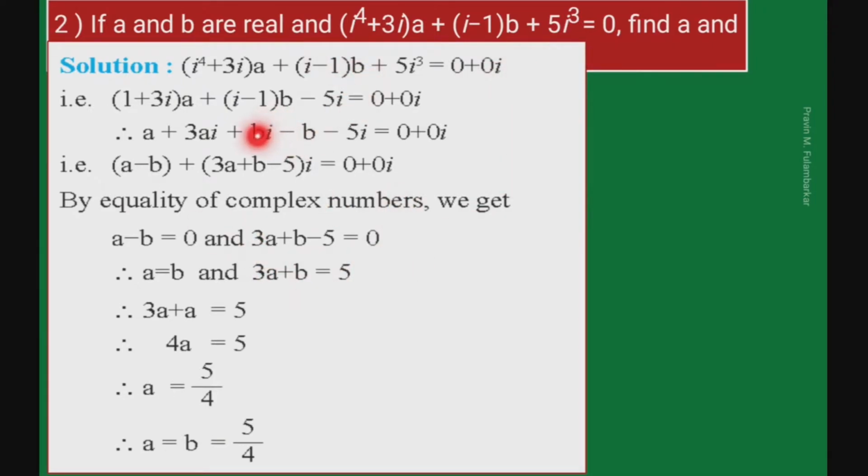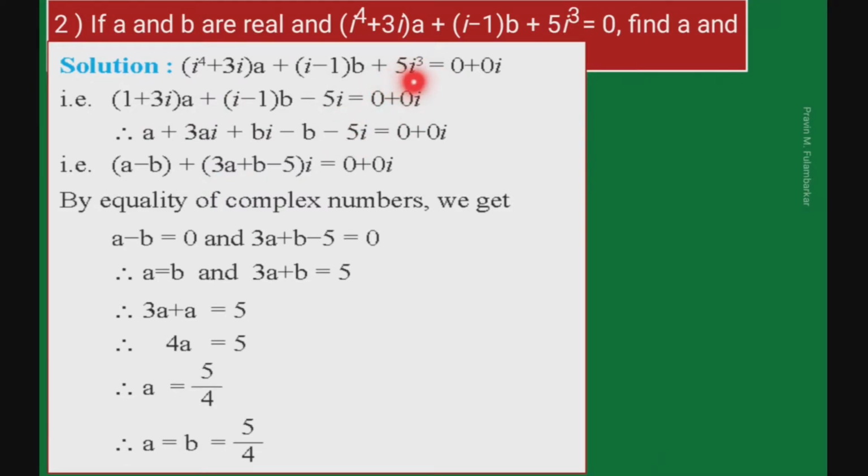So we first write this i^4 as 1, and this i³ as -i. So we write (1 + 3i) a plus (i - 1) b as it is, and i³ as -i.